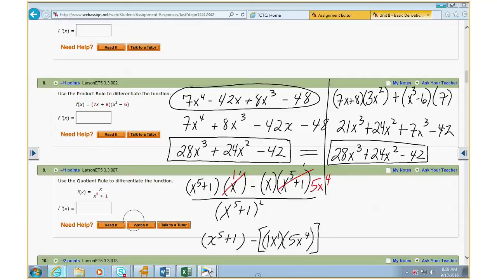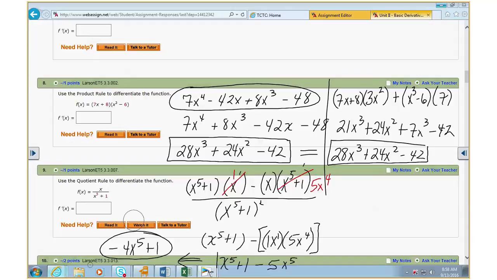So we've got x to the fifth plus 1 minus what? 5x to the what? And what's 1x to the fifth minus 5x to the fifth? Negative 4x to the fifth plus 1.